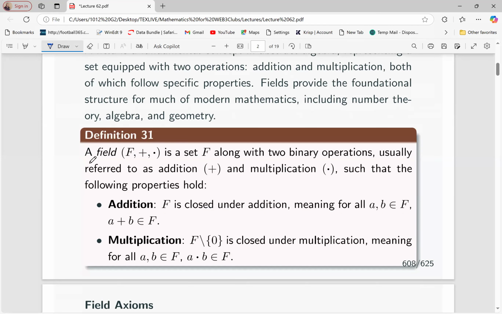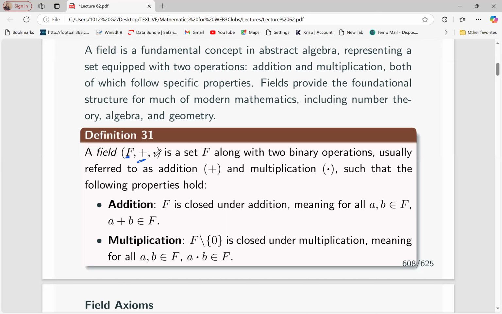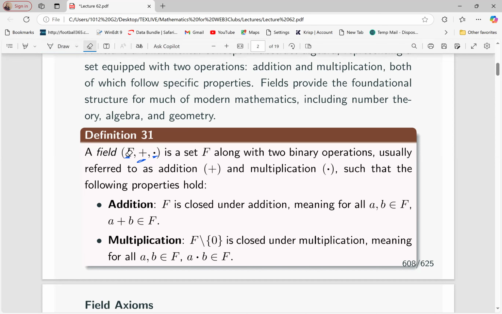So I've said a field is a set, and you can see my set here, F, has been equipped with the two operations. You can see this addition, and you can see this multiplication. So the two operations at once. Let me define it.